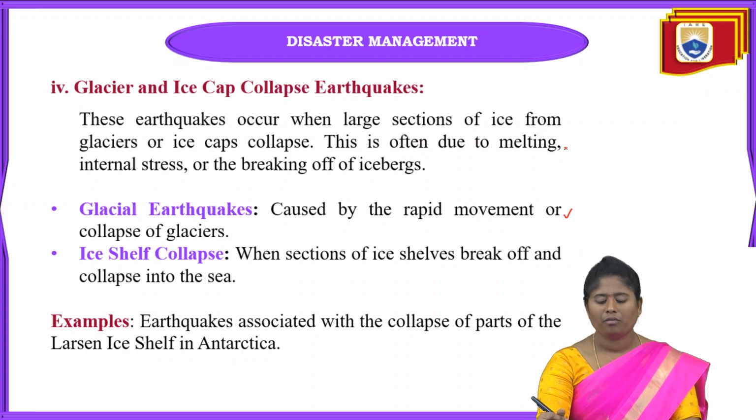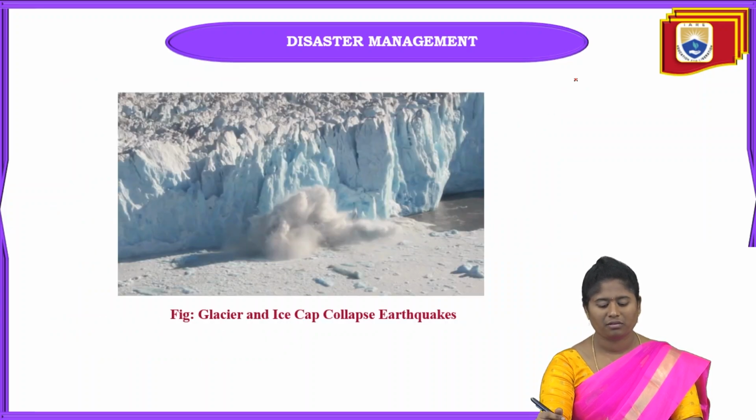In this one, the breaking of the ice shelf or collapse of the ice in the sea leads to this earthquake. An example is the Larsen ice shelf in Antarctica, where this type of earthquake occurred. Like this, when any glacier or ice cap collapses, this type of earthquake occurs.